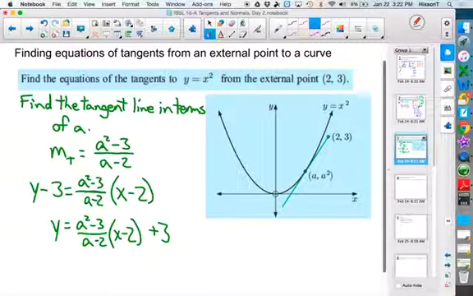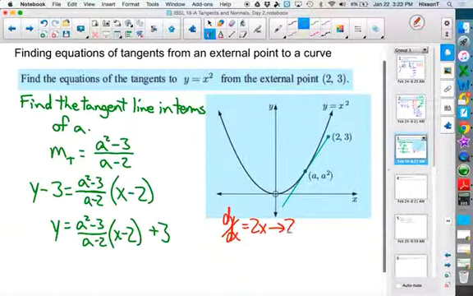What is dy/dx? 2x. So if I'm hitting the point A, I know that has to be 2A.